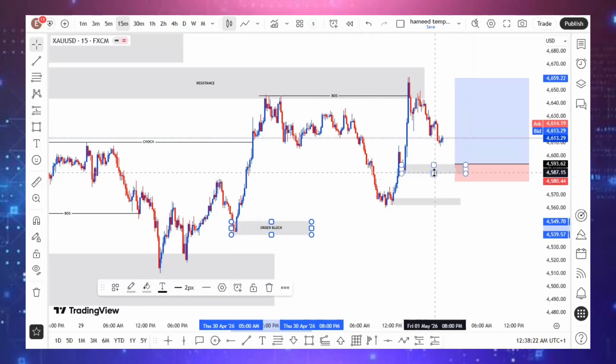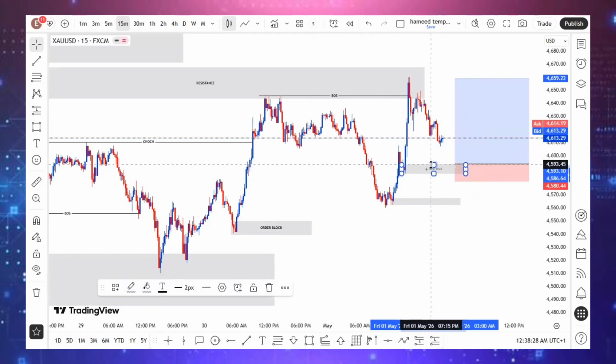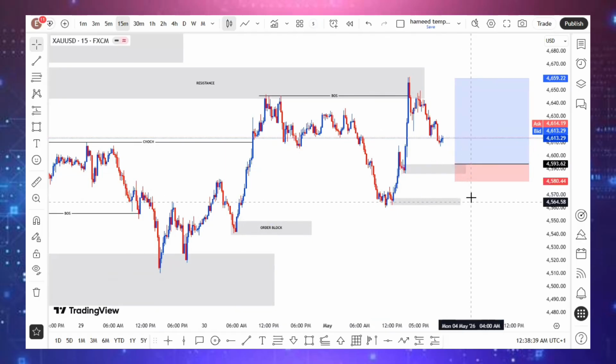This order block is not going to be a good order block. So I'm going to be waiting for a confirmation here. So if I see a confirmation around here, maybe I might take the trade. But I will be trusting this one more.